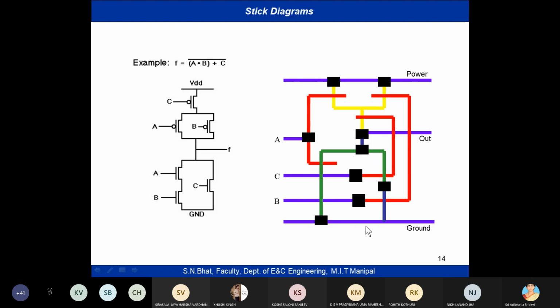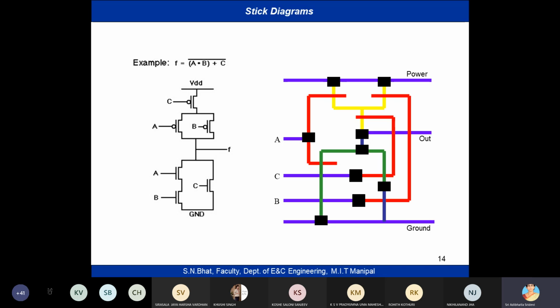In the approach they have used, they have used C from this side and B from this side. A little bit of change they have made. But still, if it is complicated, we would have a greater number of contact cuts.